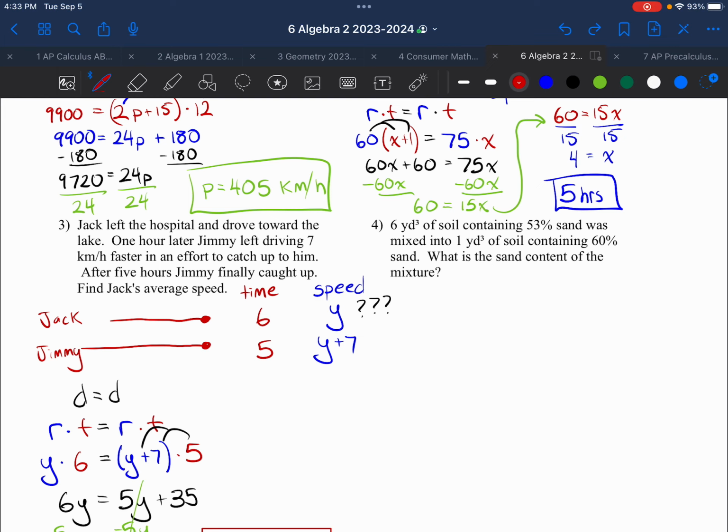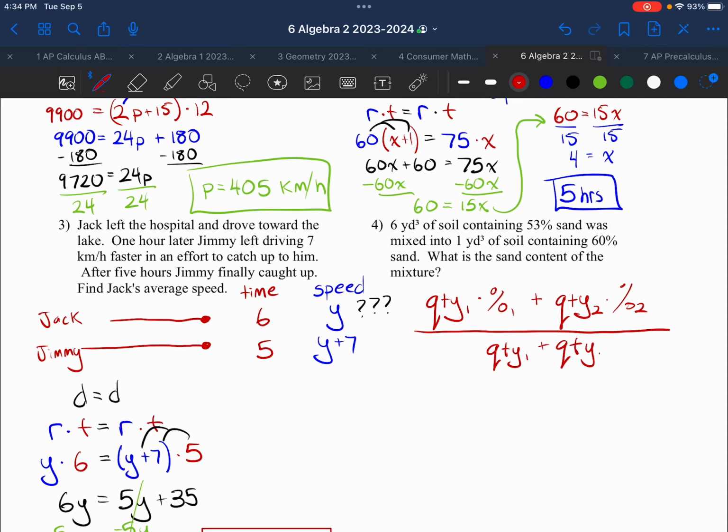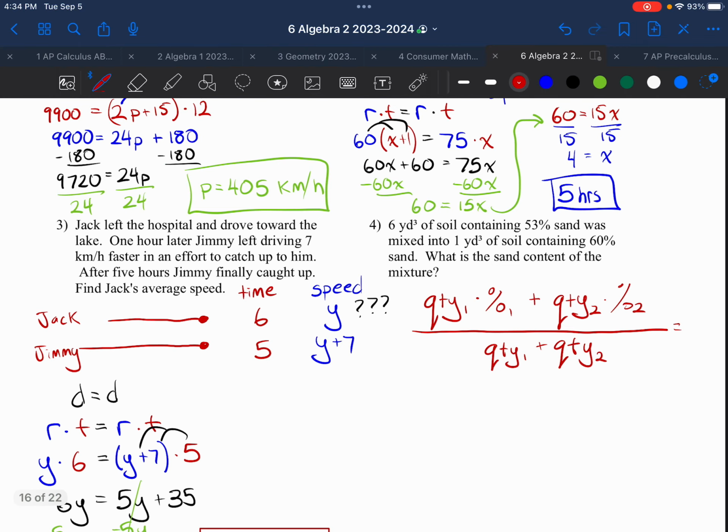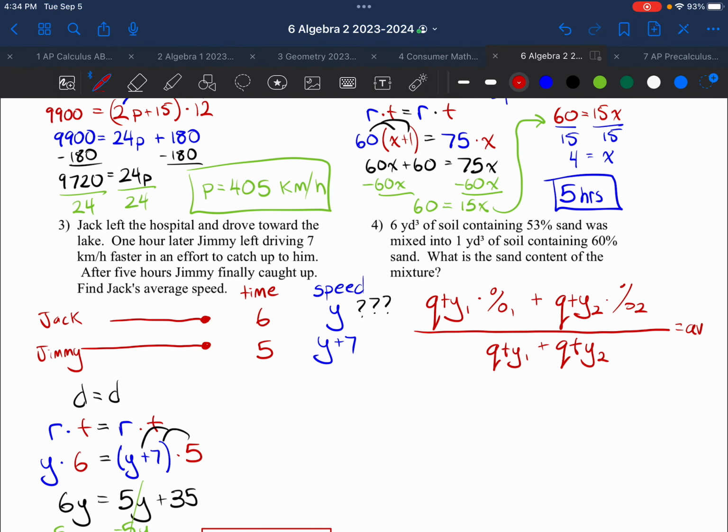I'm going to say QTY, for quantity 1, times the percent 1, plus quantity 2 times percent 2, all of this divided by the two quantities added, so quantity 1 plus quantity 2, and that's going to be equal to your average. So I'll say AVG.